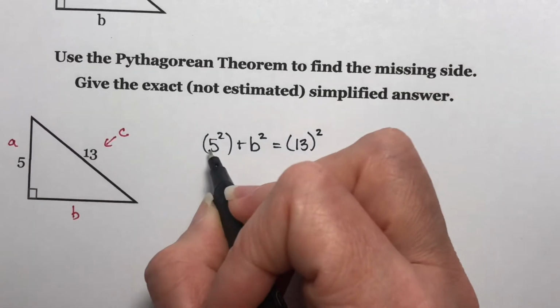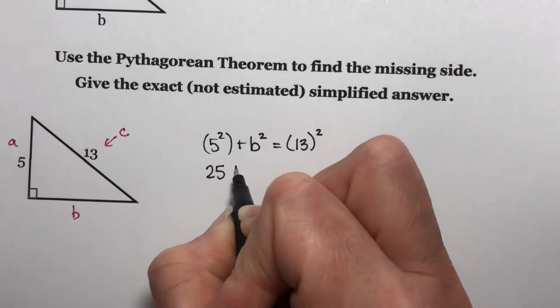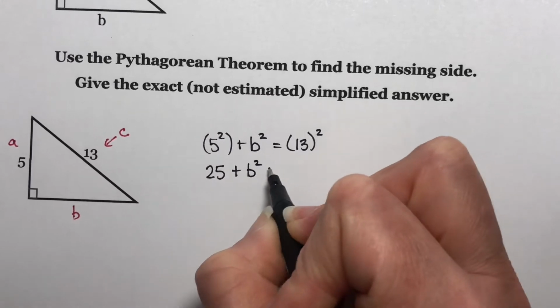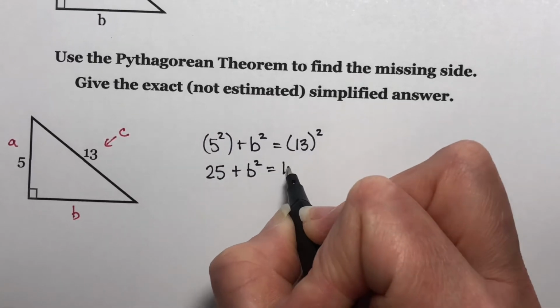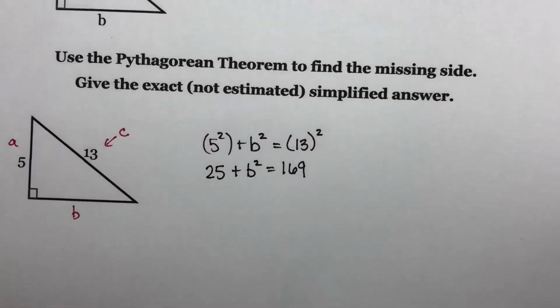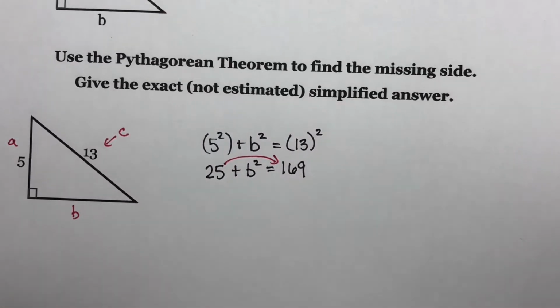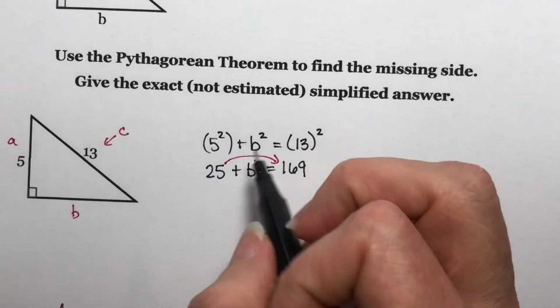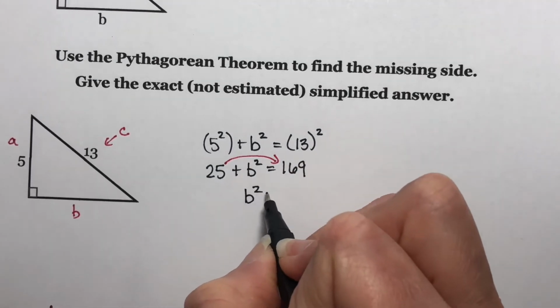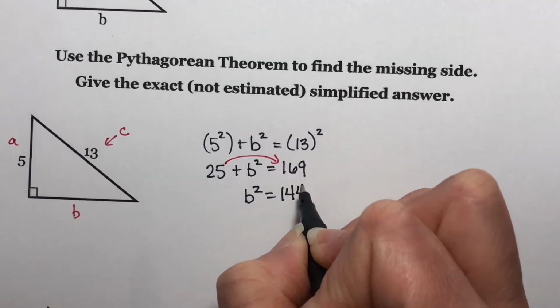Let's do these calculations. 5 squared is 25, plus b squared is equal to 13 squared, which is 169. Let's subtract 25 from both sides, and b squared is equal to 144.